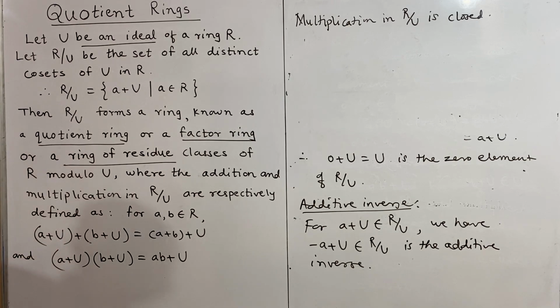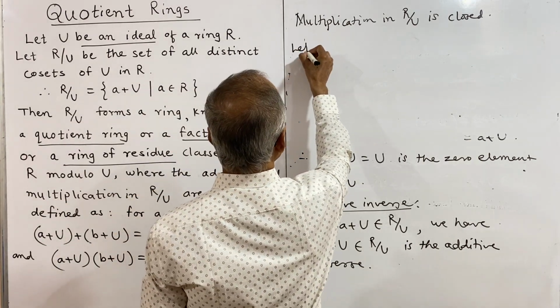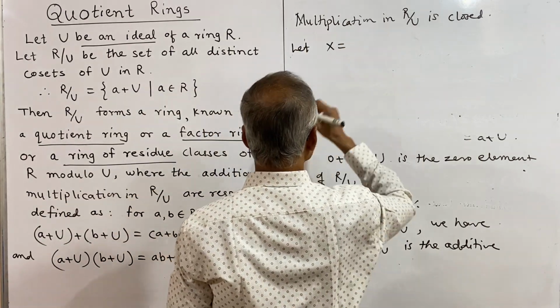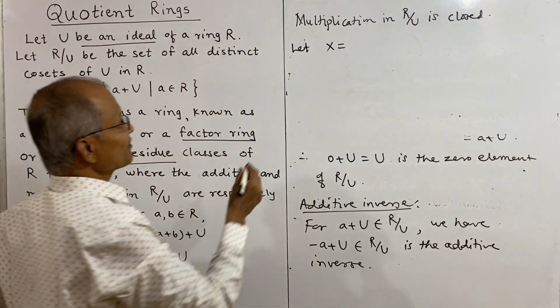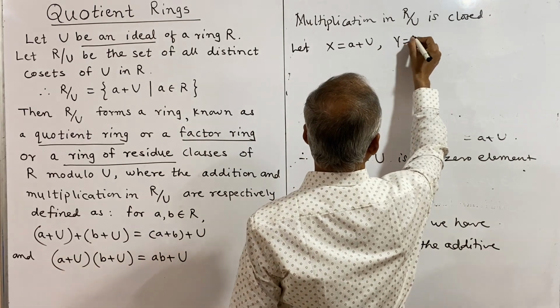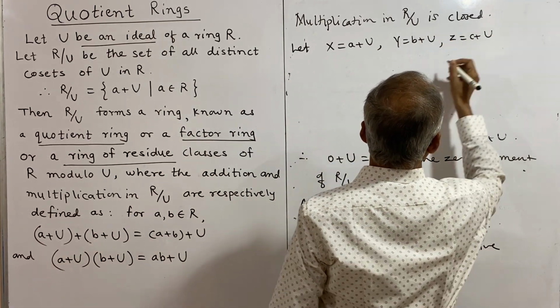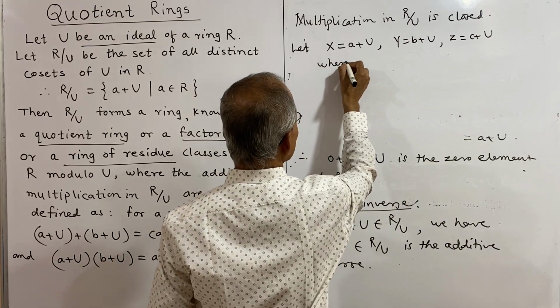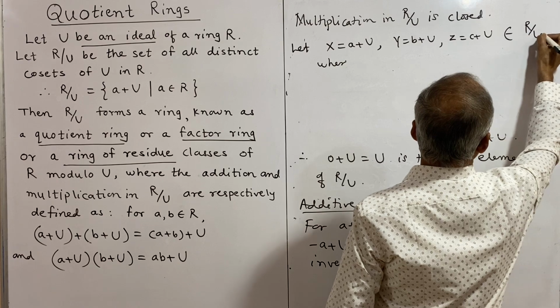Multiplication is associative, it can be easily checked. For that purpose, we may consider three elements, suppose x is equal to A plus U, y is equal to B plus U, and z is equal to C plus U, where all these belong to R by U.